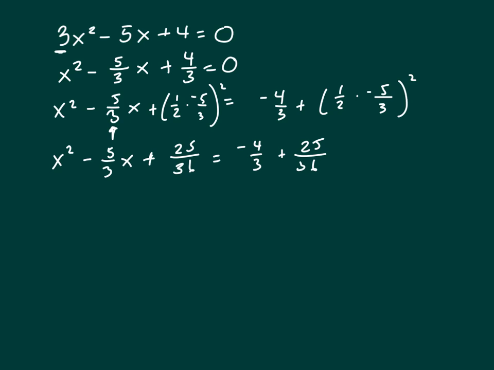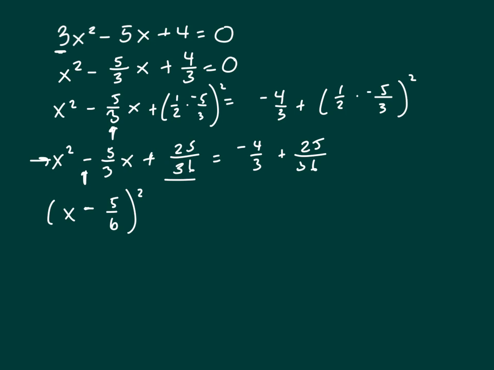And now the way this will factor, it's going to factor into x minus, because you have a minus sign there, and then you take the square root of 25 over 36, which we know is 5/6, squared. If you go on the side of your paper and multiply x minus 5/6 times x minus 5/6, you'll get this line.